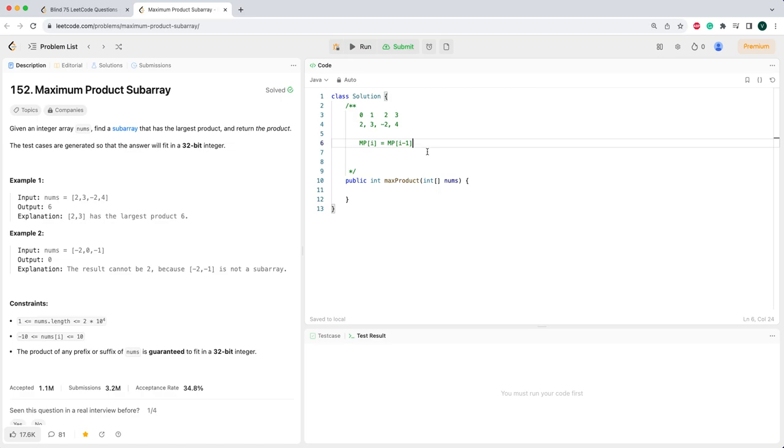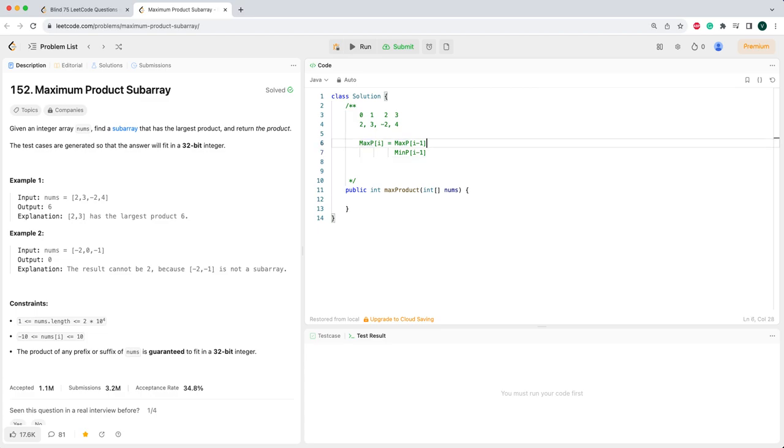So the minimum becomes the maximum, and we need to consider the minimum as well. So this is, let's say, the maximum product, and we would find the minimum product as well, the minimum product ending at index I, right?